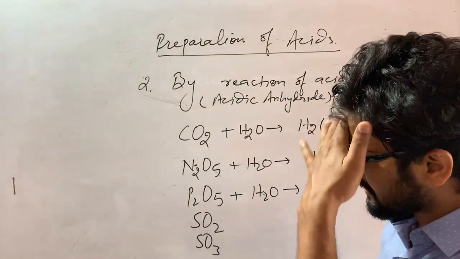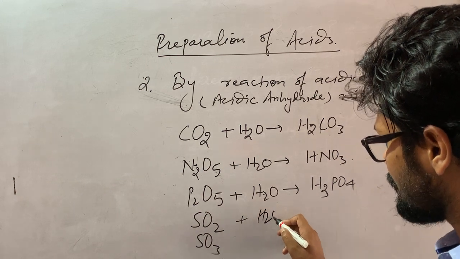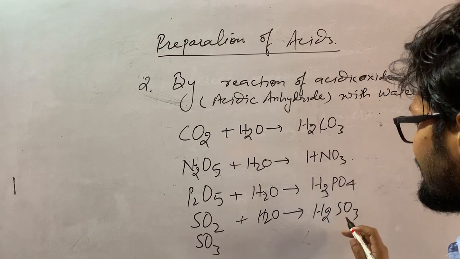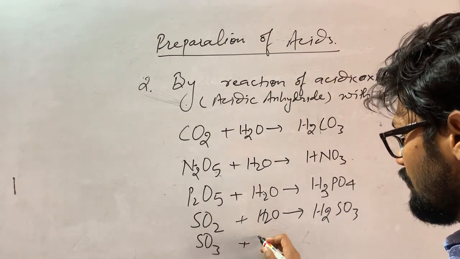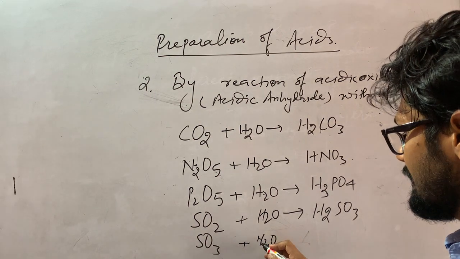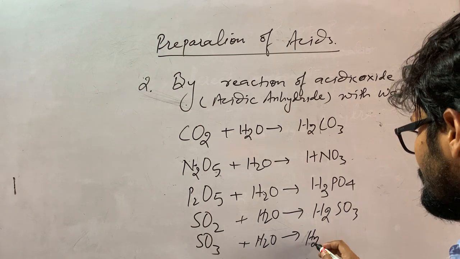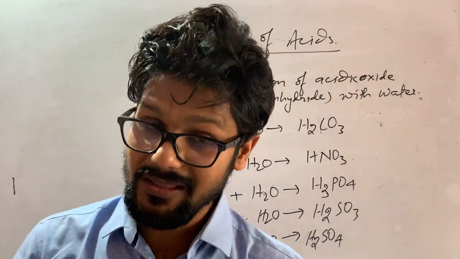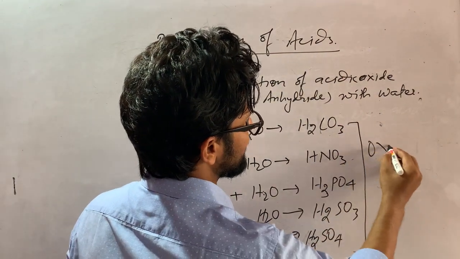Now we'll see more examples. When SO2 reacts with water, it gives H2SO3, and its name is sulfurous acid. In the same way, when SO3 reacts with water or dissolves in water, it gives sulfuric acid. So these are the methods by which you can prepare oxy acid.